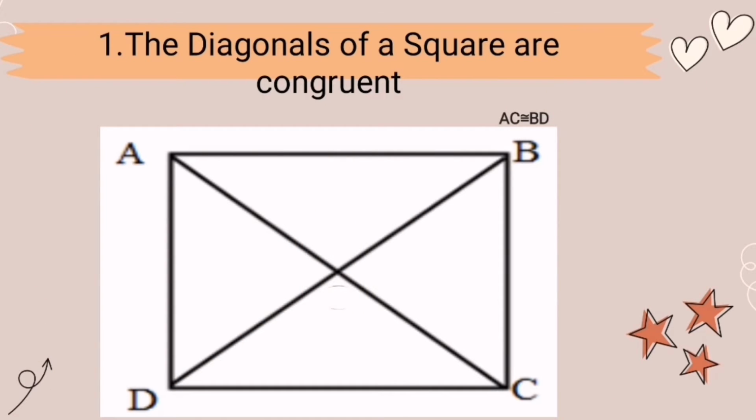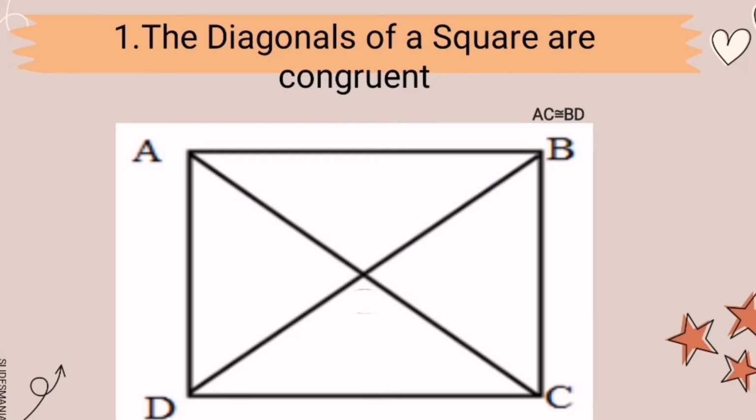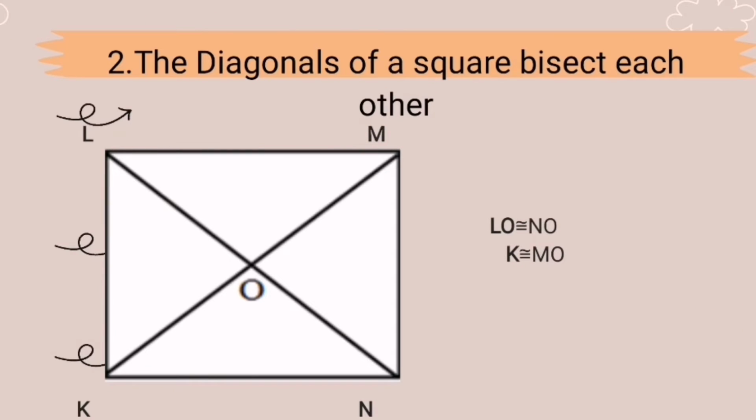So the number one property of the diagonals of a square is that the diagonals of a square are congruent, which means AC is congruent to BD. Number two, the diagonals of a square bisect each other.